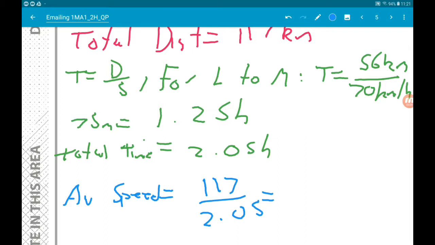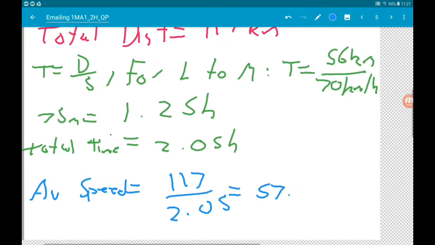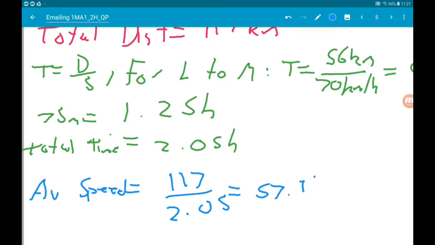So that gives us 57.07, and so on. So let's go to one decimal. That's 57.1 kilometers per hour. Cool.